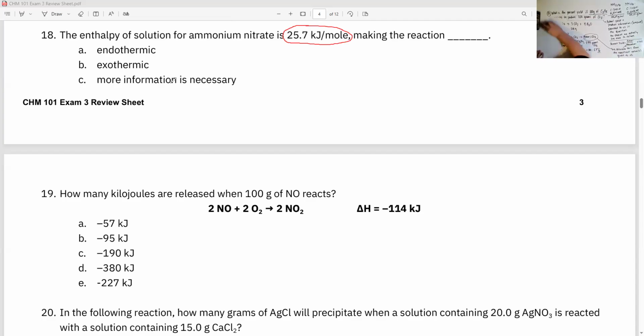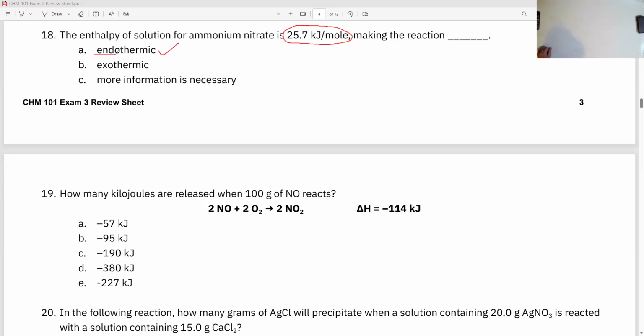The sign of our enthalpy of solution or heat of reaction, enthalpy of reaction, there's a few ways to say this that all kind of mean the same thing. But when that value is a positive value, that means that your reaction is going to be absorbing heat.